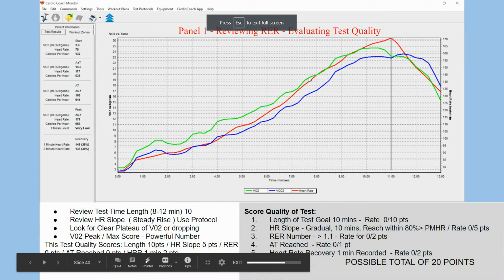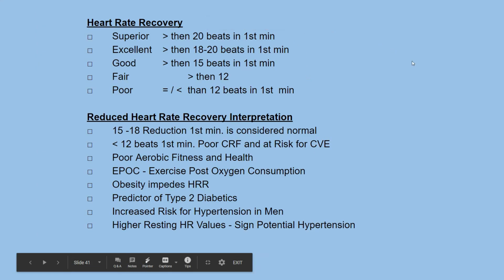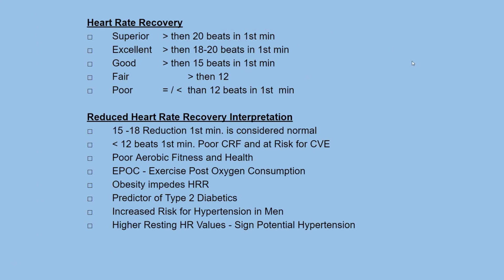So the next one I have is, after studying and looking up heart rate recovery, I found a chart that I thought was helpful, and this is heart rate recovery, the numbers. If it's greater than 20 beats in the first minute, that would be considered pretty superior. If it's 18 to 20, that's excellent.